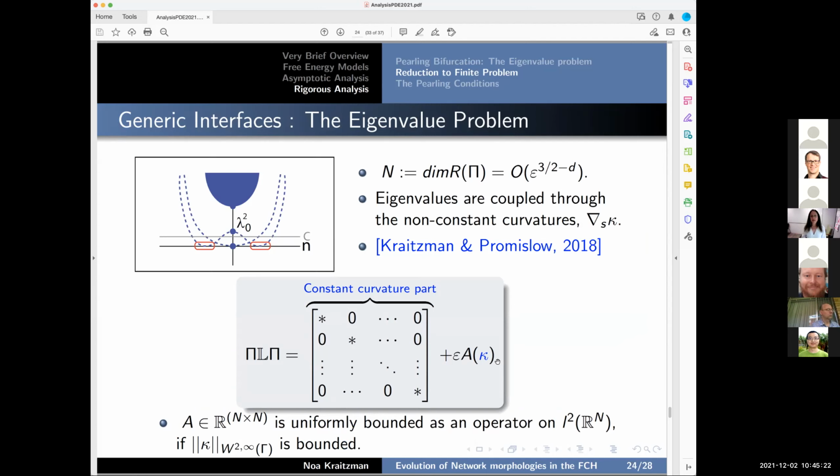Luckily for us, if the curvatures kappa are bounded in the W to infinity norm, then we can write pi L pi as a diagonal matrix plus a small correction, but this A again is uniformly bounded as an operator from L2 to L2. So at leading order, we have this diagonal matrix, and it is exactly the same as we get for the constant curvature structure.